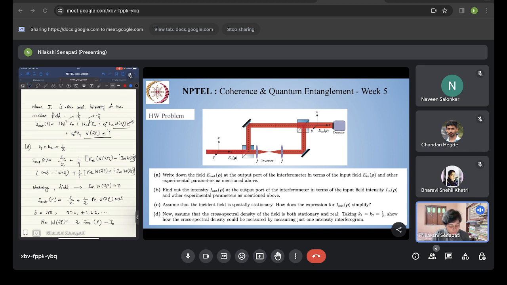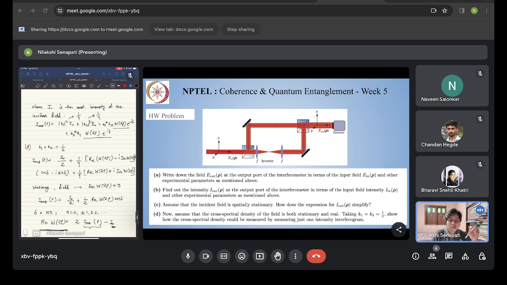That means if you measure this I output rho in just one shot, and you have the information of the field I0, so if you just do 2 I output minus I0 with one interferogram, you can get the real part of W rho. That means by measuring just one intensity interferogram I output rho, and knowing the input intensity I0, one can measure the cross spectral density function of the field.